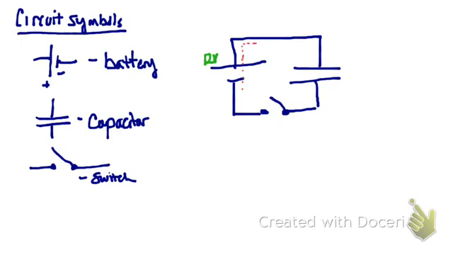So if we go around our circuit here, whenever we go across right here, we have a change in voltage.